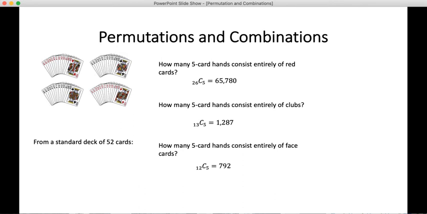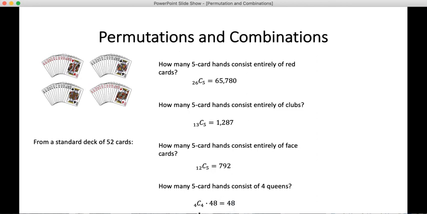So these 3 questions were similar, just little variations in them, but this one is a little bit different. It says, how many 5-card hands consist of 4 queens? Well, if you're taking all the queens, you have all the queens in your hand, but you have a 5-card hand. So you have one other card that you have to have in your hand.